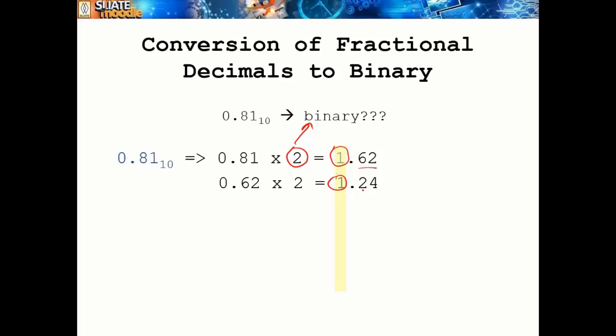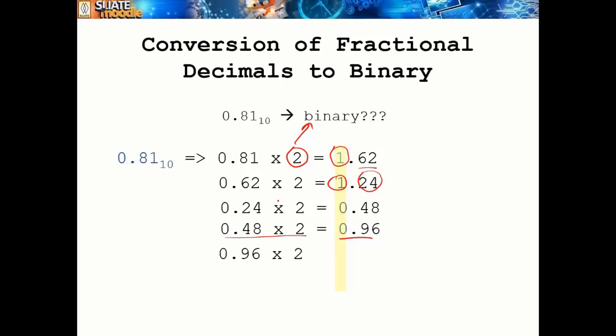Keep the integer value, take the decimal part or fractional part, right? Now again multiplied by 2, 0.24 multiplied by 2, 0.48. So we get 0 here. Again multiplied by 2, we get this one. And again we get 1.92.